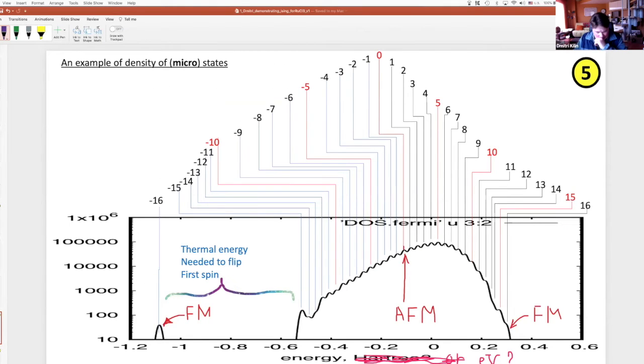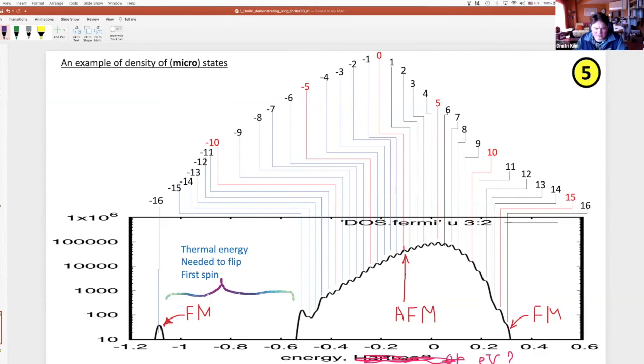So if one looks into all the microstates and tries to interpret them, these individual peaks will correspond to different magnetization. And since the magnetic field is non-zero, this distribution is non-symmetric.